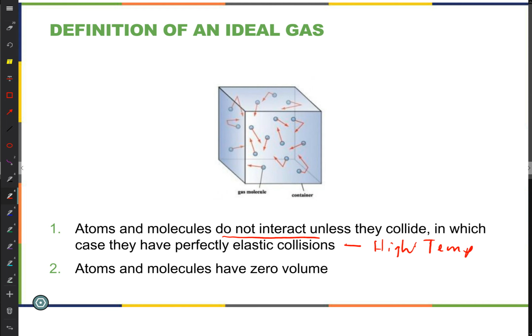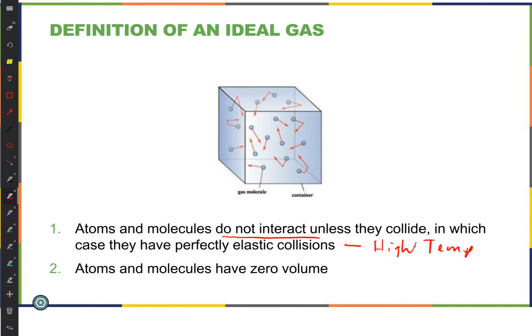Now, what defines a high temperature, you might ask? A high temperature, we say in physics, needs to be far from the liquefaction temperature. What's the temperature of liquefaction? That's the temperature of condensation. So water boils or condenses at 100 degrees Celsius. If it's far from 100 degrees Celsius, so let's say 200 degrees Celsius, we would say, oh yeah, that's far away from it.